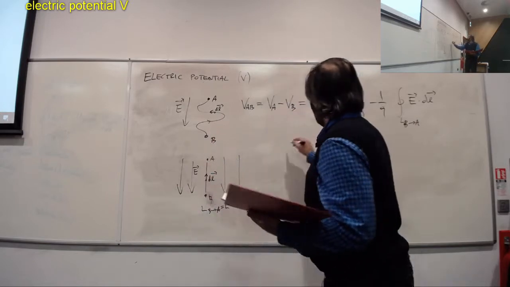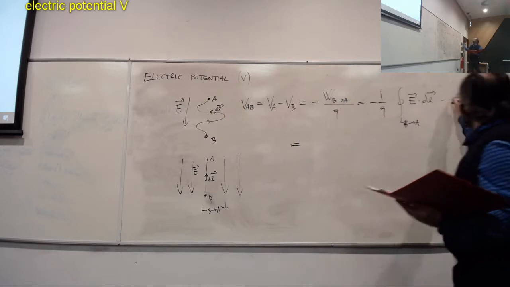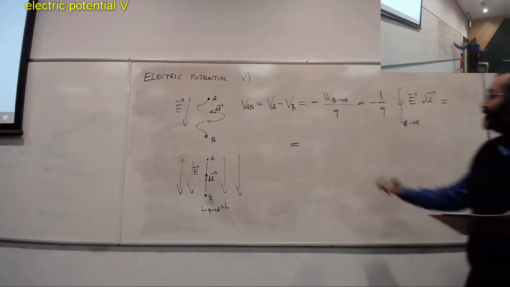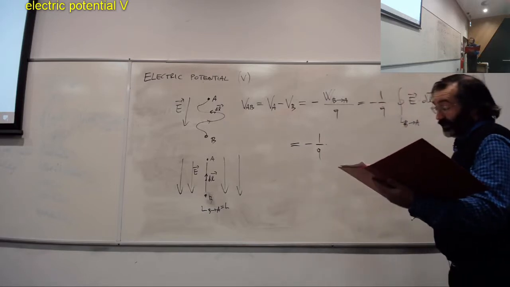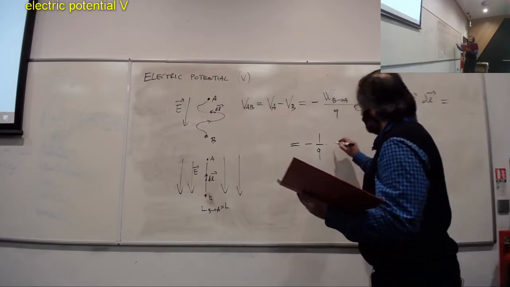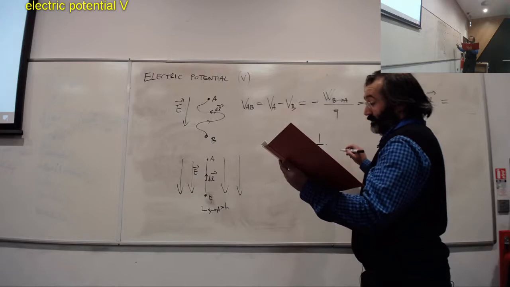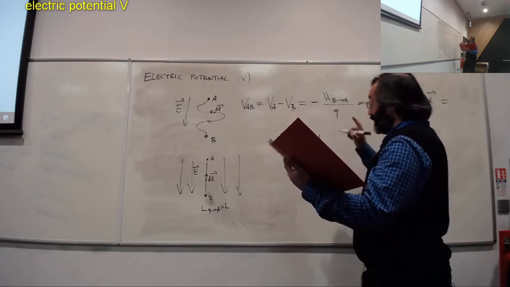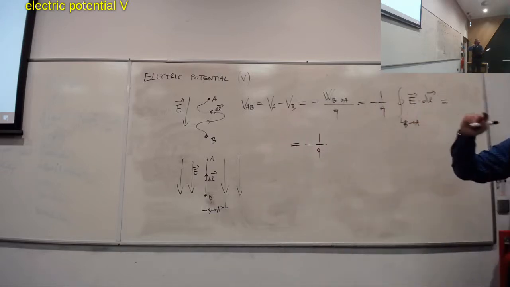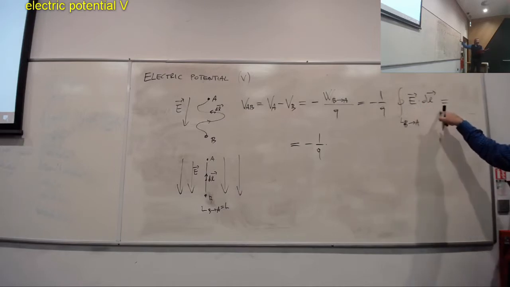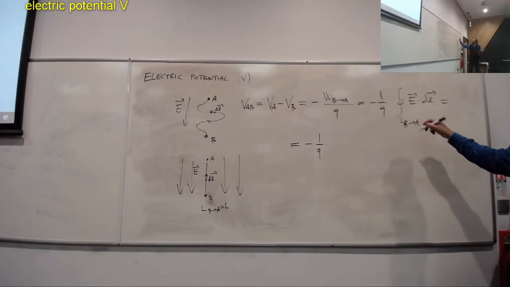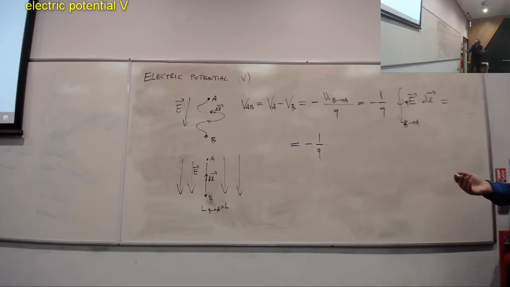So really, if I wanted to continue this chain of equalities, I would write minus 1 over Q times... I forgot something. Nobody corrected me. What is missing here? Work is force times distance. The electric field is not force. It needs the charge involved. Okay, so that's correct now.